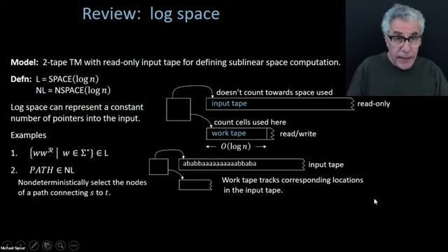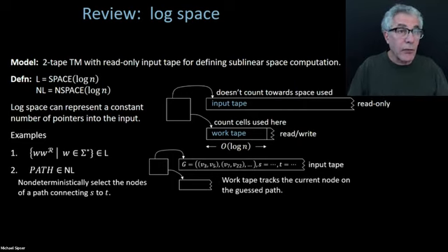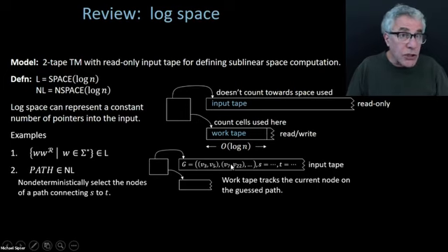Another example that we gave is the path language, where you're given a graph and a start node and a target node, and you want to know, is there a path in this directed graph that goes from S to T? That language is in NL, in fact, not known to be in L. So the way that would look, in the path language, you would have a graph represented, say, by a sequence of edges and a start and a target.